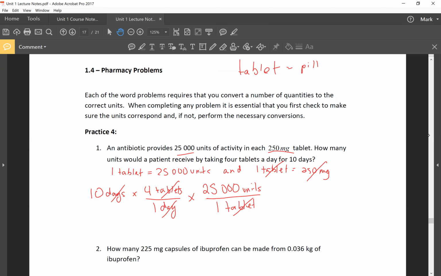All of my units have canceled properly. So 10 times 4 times 25,000. I'm getting 1,000,000 units of activity. Sometimes with big numbers, people put commas in there. 1,000,000 units.